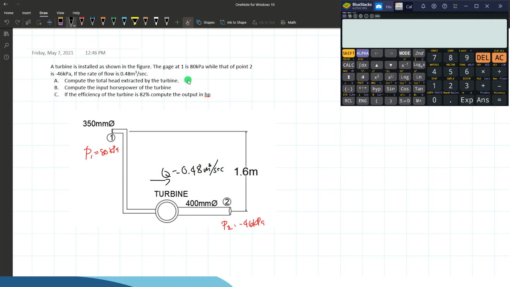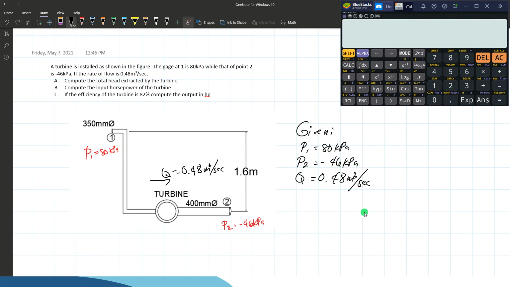Compute the total head extracted by the turbine. Okay, so let's write again the given. We have pressure at point 1, 80. Pressure at point 2, negative 46. And discharge, 0.48 cubic meters per second.